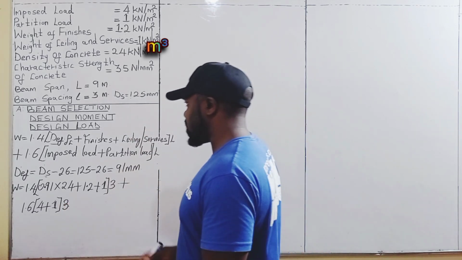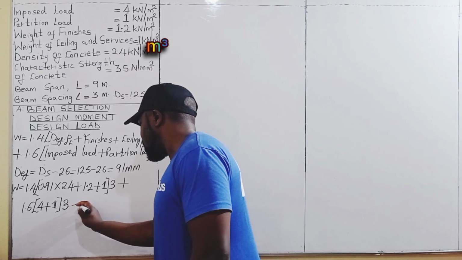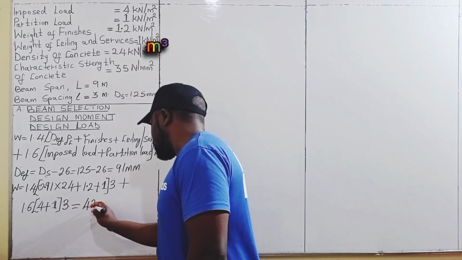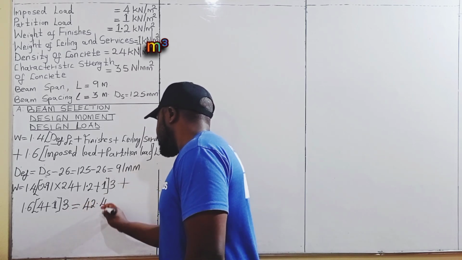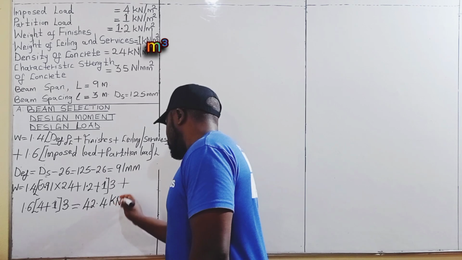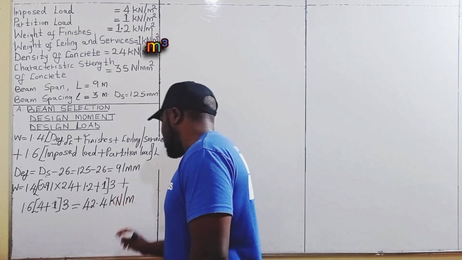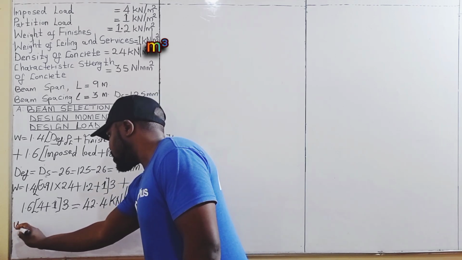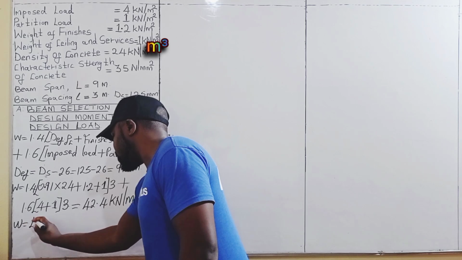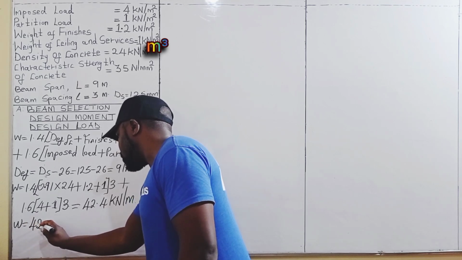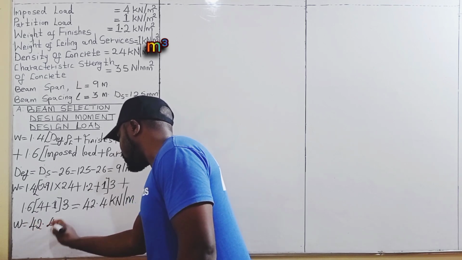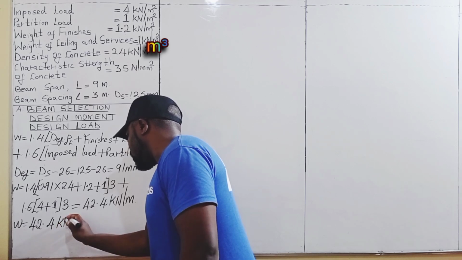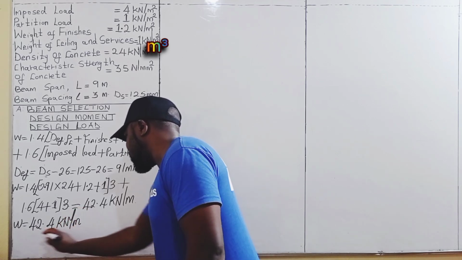This is going to give us a design load of 42.4 kilonewtons per meter. Therefore, the design load W is 42.4 kilonewtons per meter.